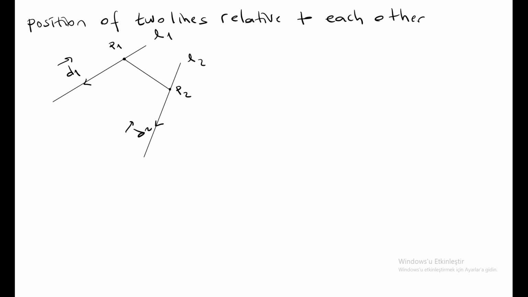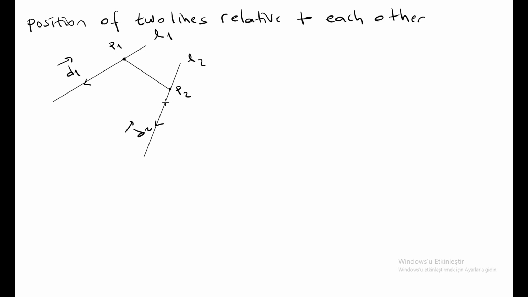So if these three vectors are linearly dependent, then they will be on the same plane. So it is not in the three-dimensional object, it will be on the same plane.